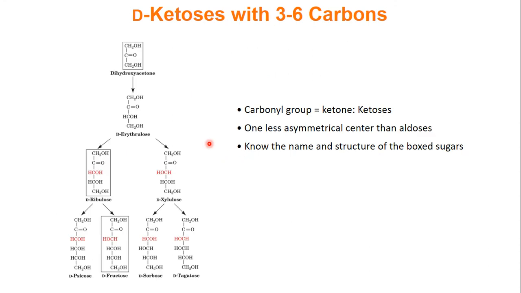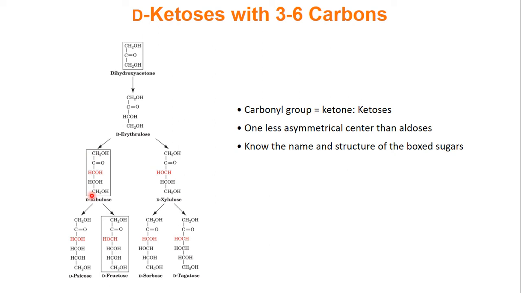So those were the aldoses, and here are the ketoses. And this is if your carbonyl group is a ketone now, where it's in the middle of our chain. And since we have a ketone as our carbonyl, you actually lose 1 chiral center compared to the aldoses, right? So here, 1, 2, 3, 4, 5.